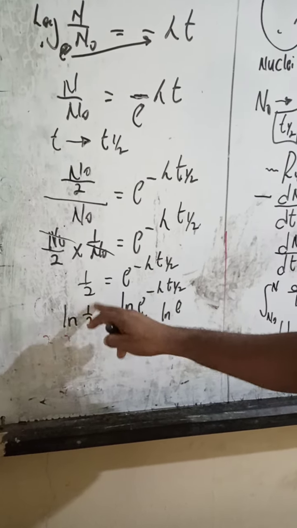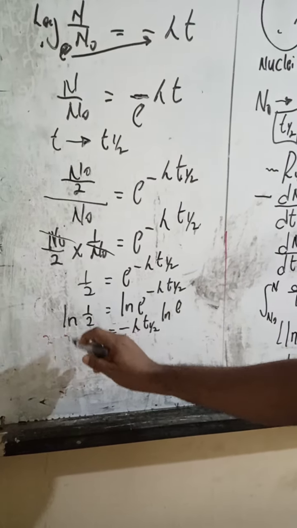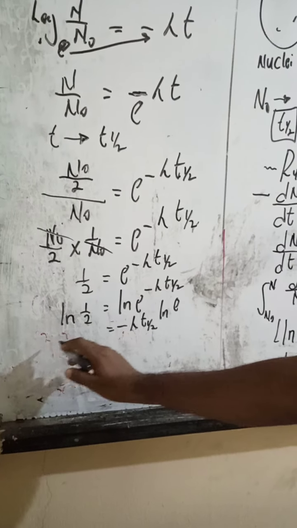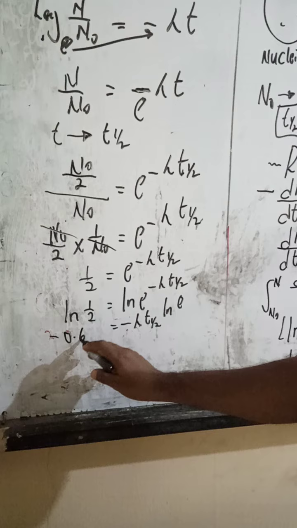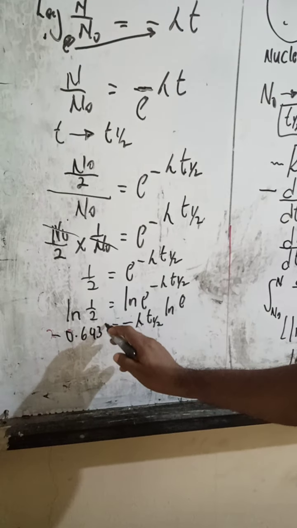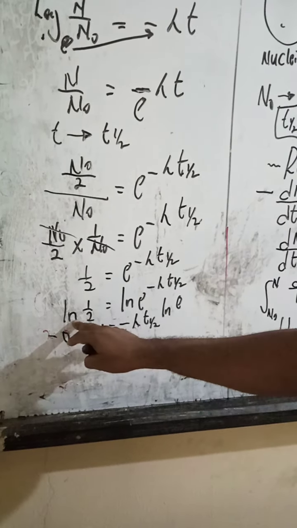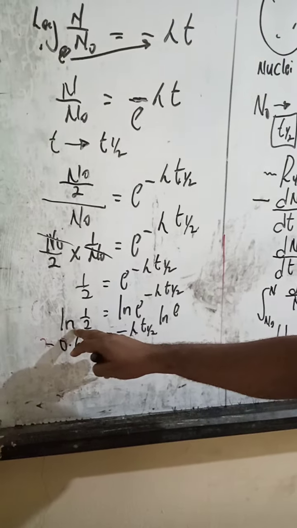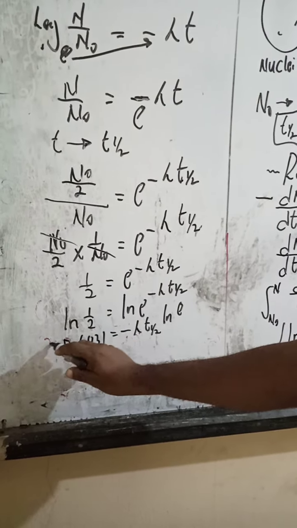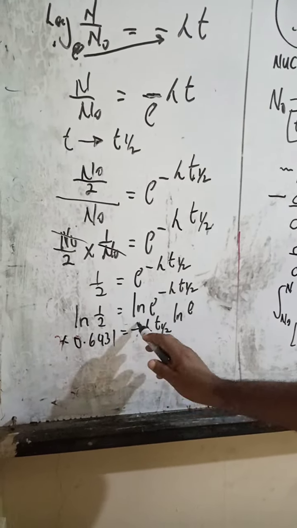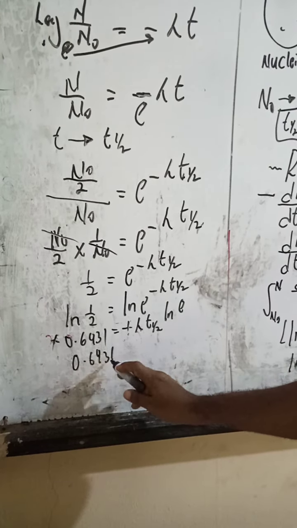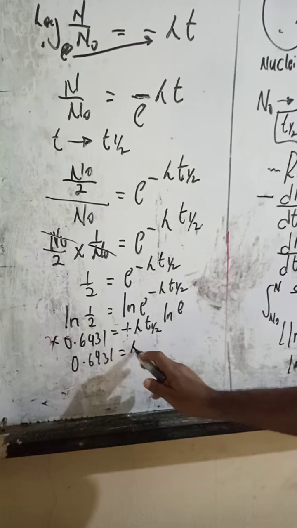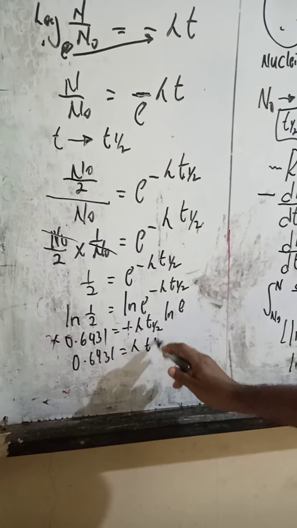Then the ln of 1 over 2 will give us minus 0.6931 when we take this on our calculator. So this minus cancels this minus on both sides of the equation. So we have 0.6931 is equal to the decay constant times half-life.